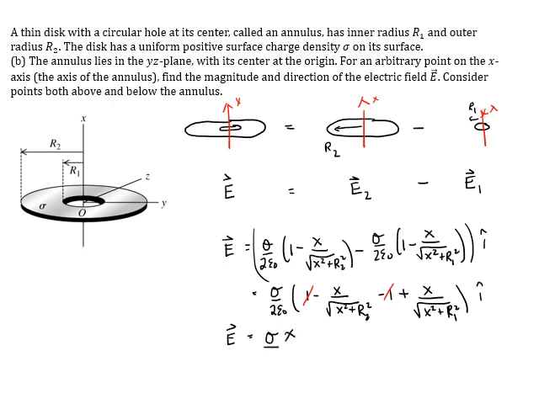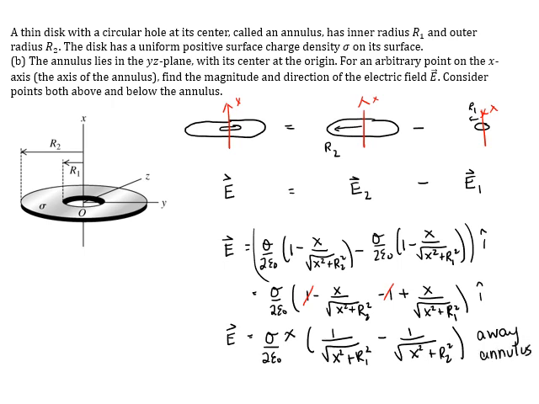Sigma times x over 2 epsilon naught times 1 over the square root of x squared plus R1 squared, subtract 1 over the square root of x squared plus R2 squared. And the direction of that electric field, I'm going to say, is away from the annulus. It's a positive charge, so the electric field points away. On top it points up, below it points down, so we'll just call it away.